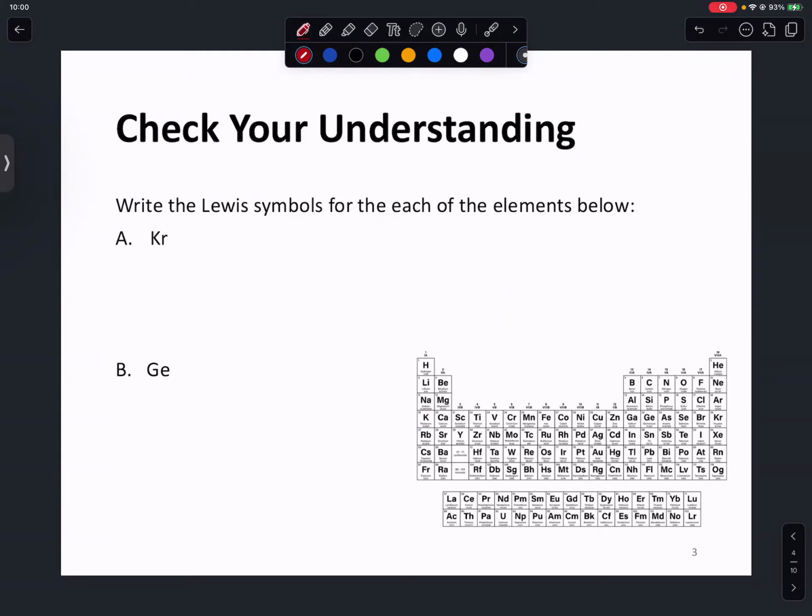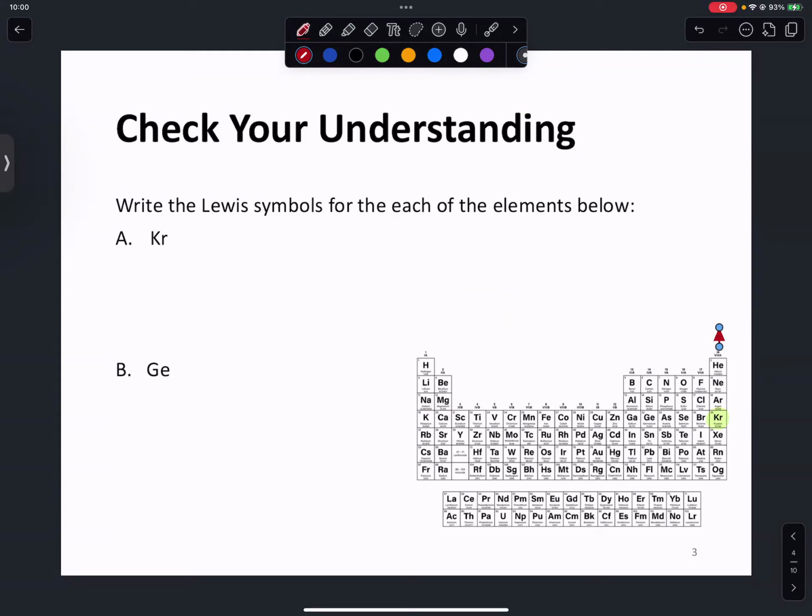I'm going to do these 2 elements, krypton and germanium. Let's start with krypton. Krypton is in group 18 right here, so it has 8 valence electrons.